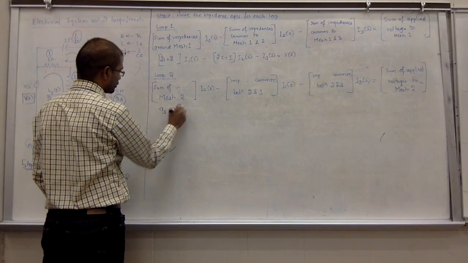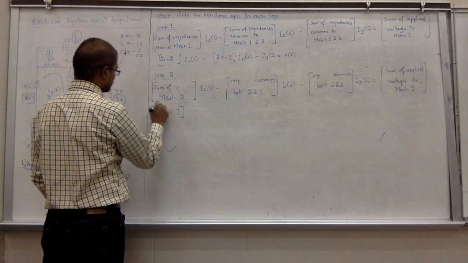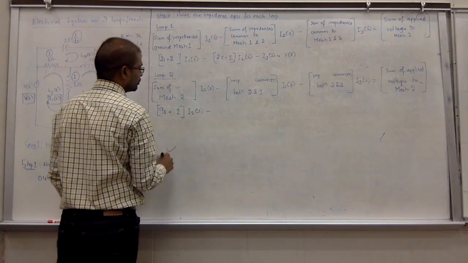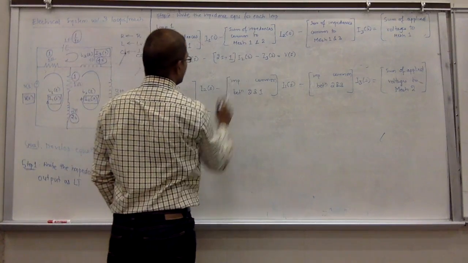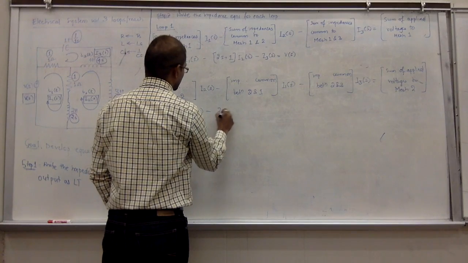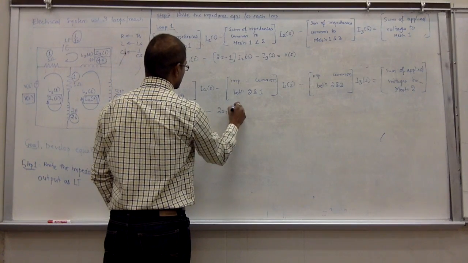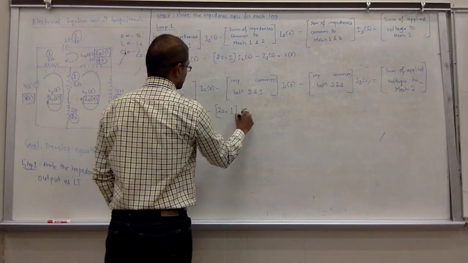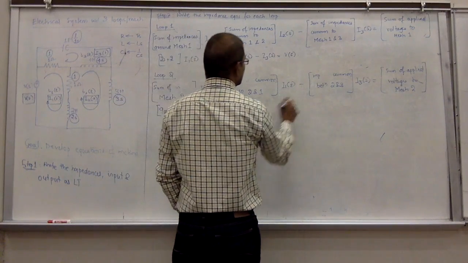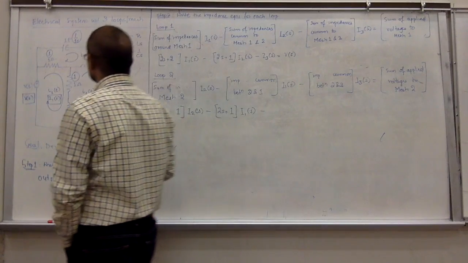So 9s plus 1, times I2 of s, minus, this will be the same as this, right? It will be 2s plus 1 times I1, minus, what is this?